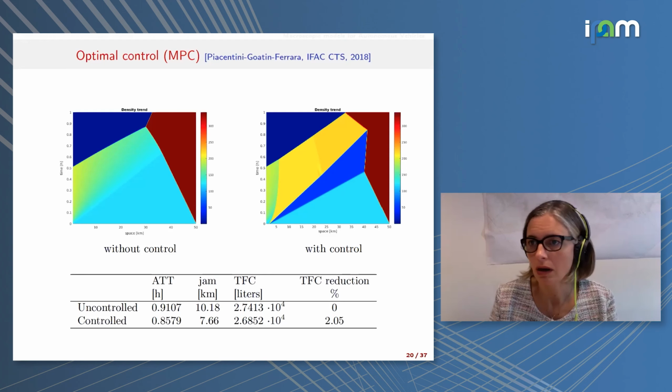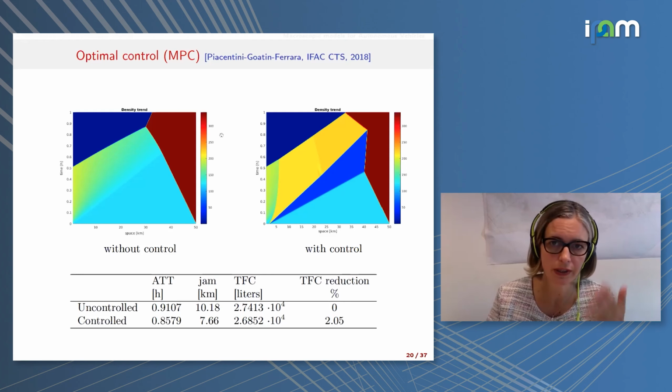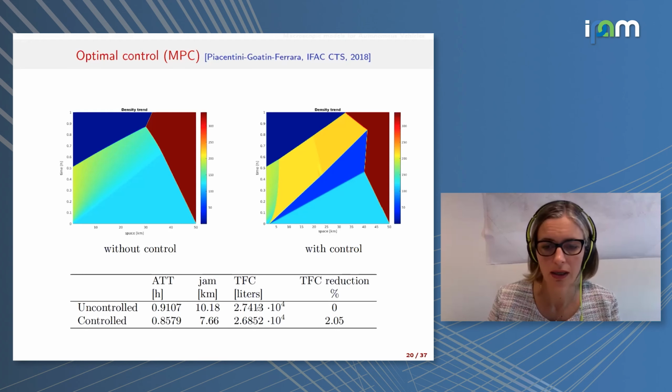You see that the congested area is much smaller, and you can then solve some optimal control problem to minimize some cost. So what we did in this work was to minimize the fuel consumption, and also to look at the average travel time and the jam length.